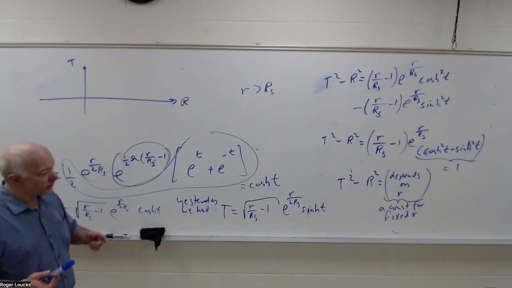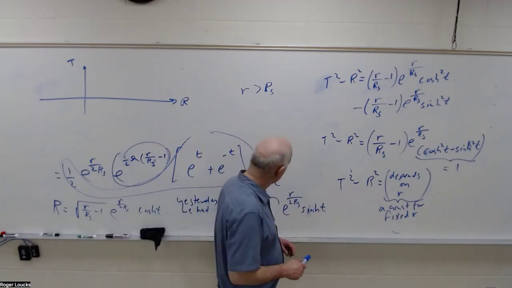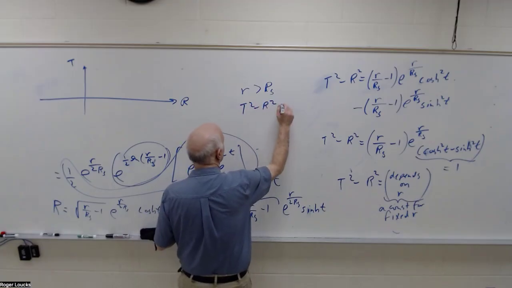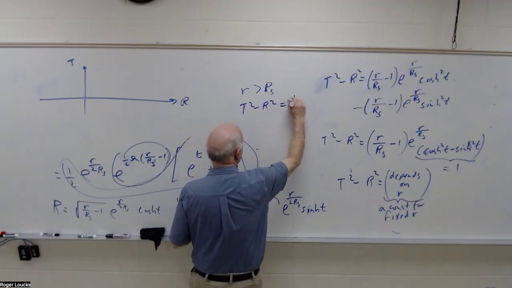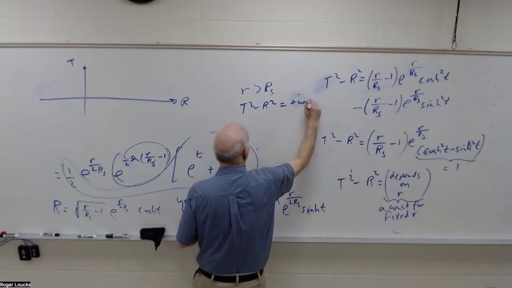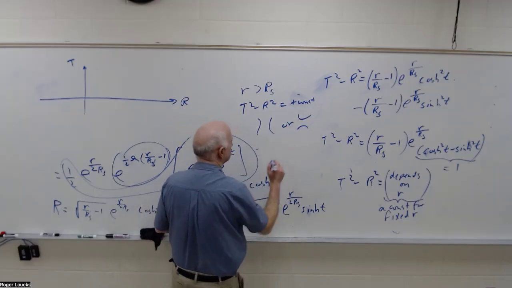If r is greater than r sub s, this constant here is positive. So we're going to have t squared minus r squared equals a positive constant. Do these go like this, or do these go like this? Convince me.